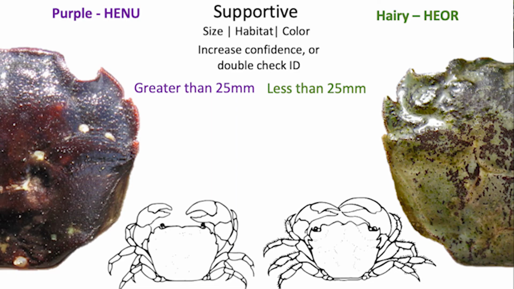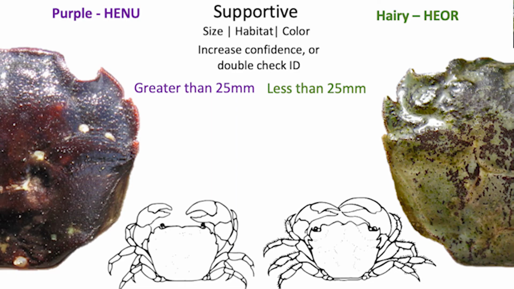They're not at all hard and fast rules, and there are so many exceptions. But again, they can be used to increase your confidence in your identification if it agrees with the trends for these species, or if it doesn't agree, it might encourage you to take a closer look and just be double sure that your species is what you think it is. So first, size.